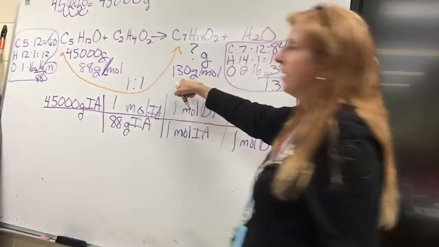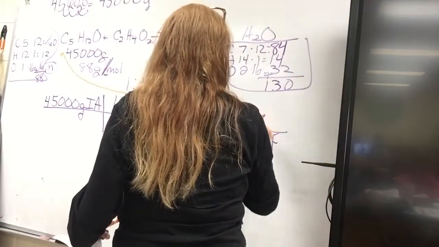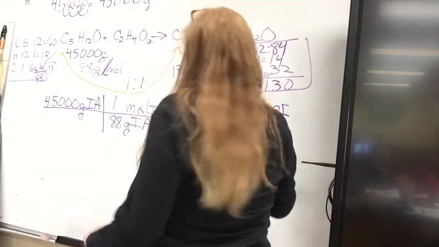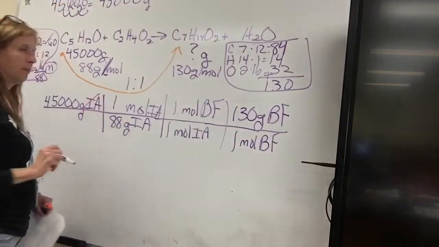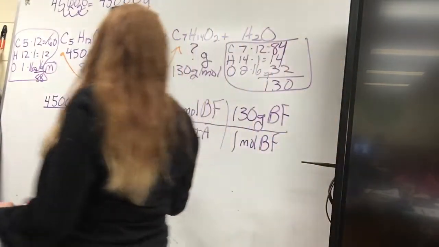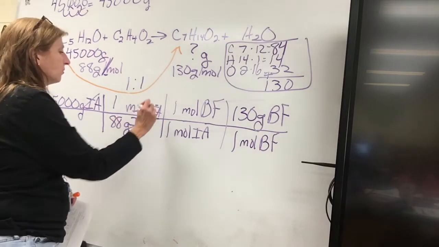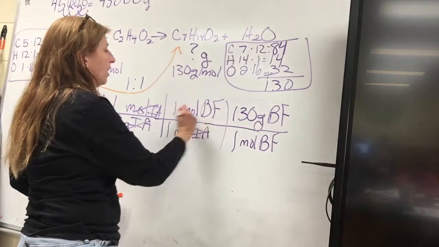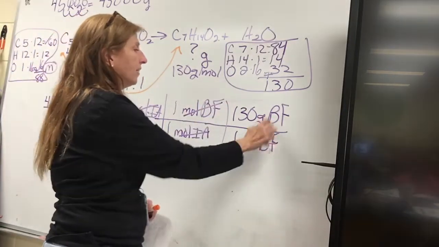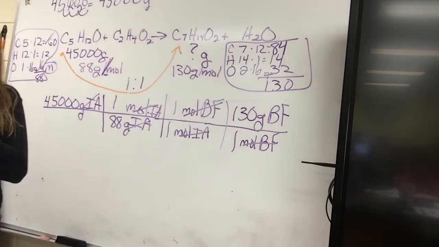And what's on the other side of the fraction bar? 130 grams of banana flavoring. We go through and we mark out if something's in the numerator and denominator, they cancel out just like math class. So grams of isoamyl alcohol cross out, moles of isoamyl alcohol cross out, moles of banana flavoring cross out, and I'm left with what I was looking for, grams of banana flavoring.